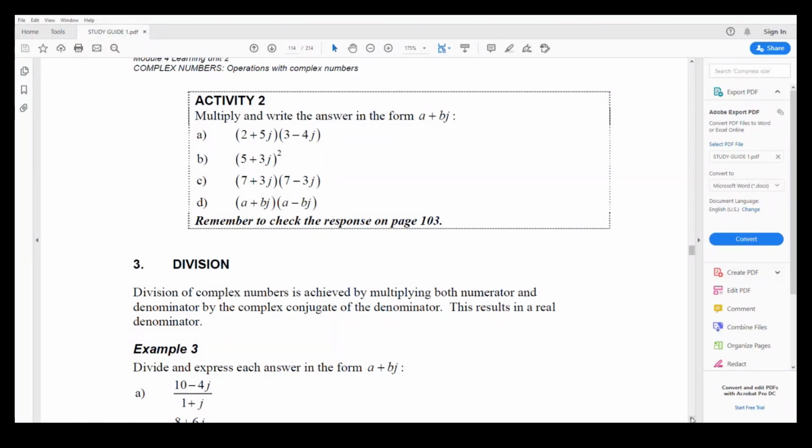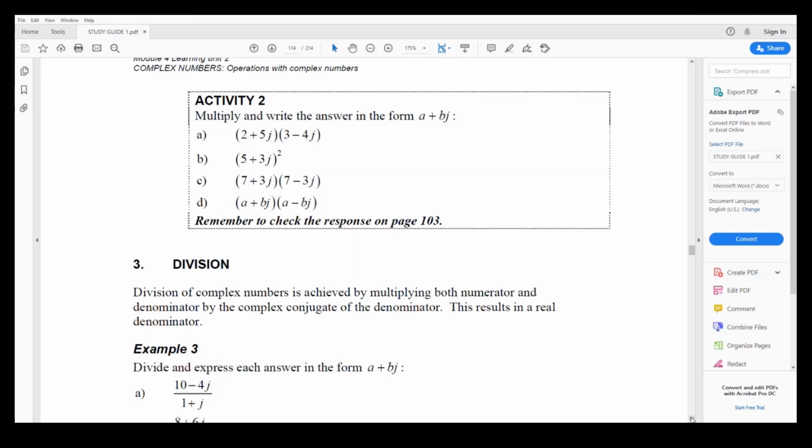And it's a very important product that it yielded. And you will see now that the case C is a special case of that, because you have 7 plus 3j and 7 minus 3j. So our answer already, we know that answer should be 7 squared plus 3 squared. Okay, so our answer should be 49 plus 9, which is 58 already, just by looking at number C, because we know the result of number D.